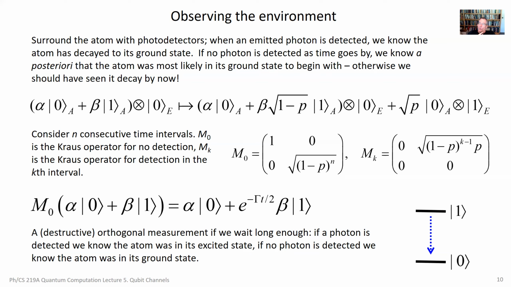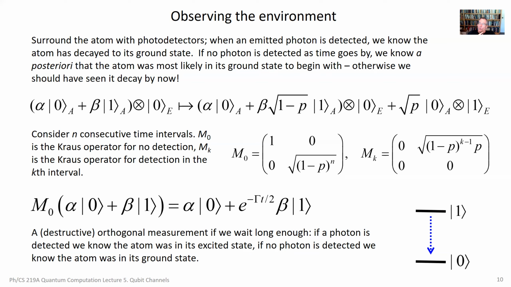But what if you finally saw a photon in the kth step? Then the state 1 of the atom was suppressed by the factor square root of 1 minus p, altogether k minus 1 times, because you saw no photon the first k minus 1 times, but then you finally did.